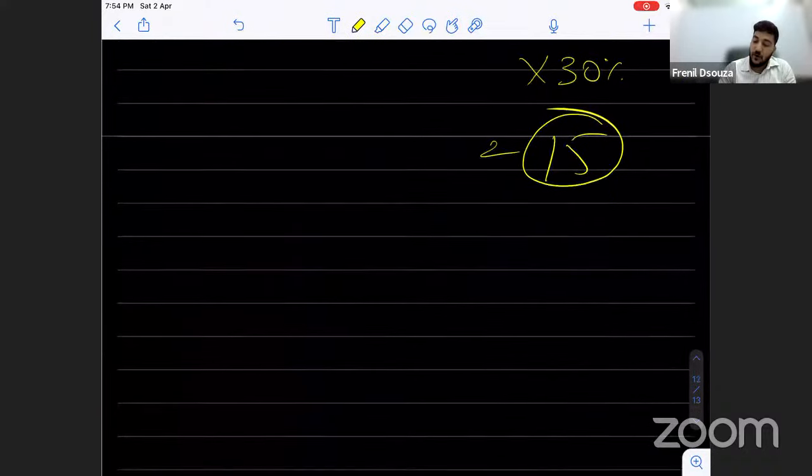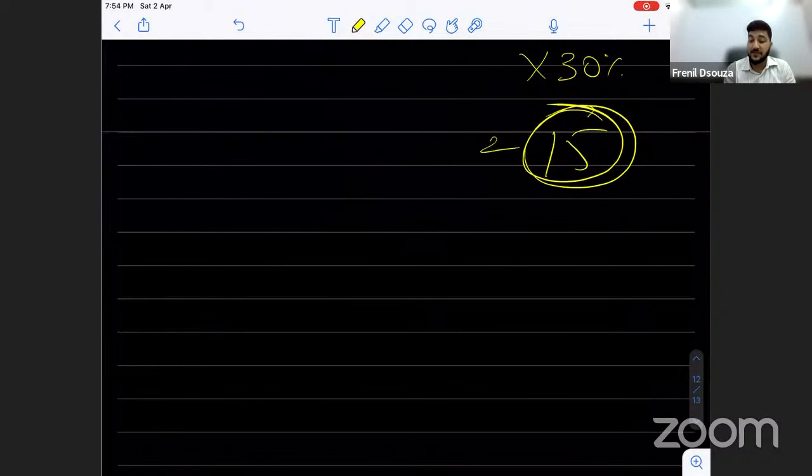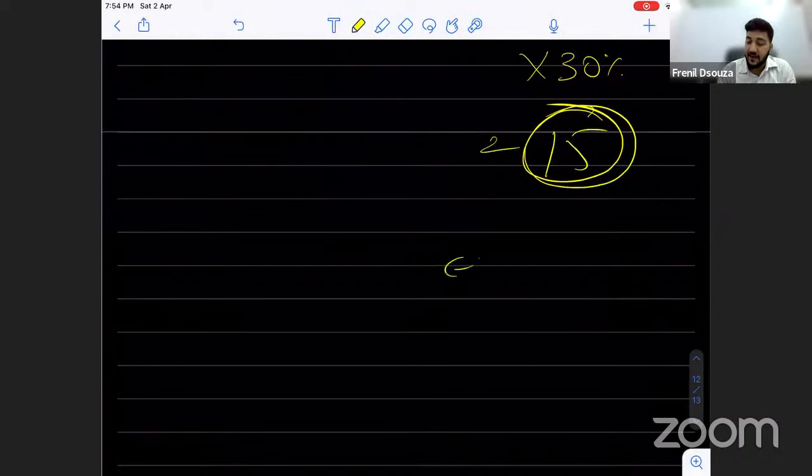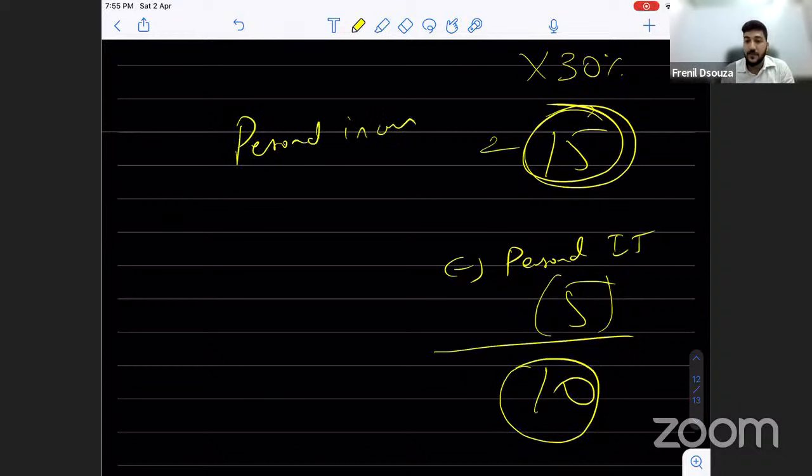Now tell me, you got this 15 rupees. Can you spend it completely? Answer is no. Again, there is something which you pay, which is called personal income taxes. Now, when you minus, let us say personal income tax is 1/3 or 33.33%, you will minus 5. What you'll get is 10. Now, this 15 was definitely the personal income accruing to you, right?